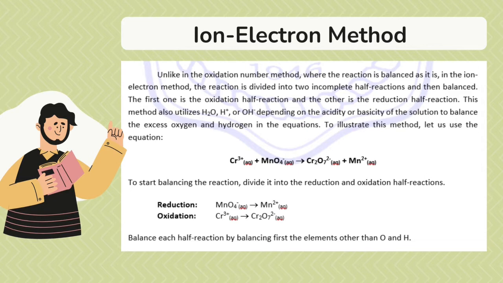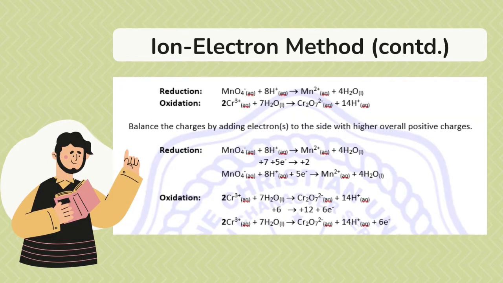Okay, so next, assuming that in this ion electron method example, we have the acidic media. If we have the acidic media, we're going to use water molecules and hydrogen ions in order to balance oxygen and hydrogen respectively. As you can see in here, in the reduction half reaction, since 4 atoms of oxygen are missing on the right side, 4 moles of H2O or water molecules are added to the right side.